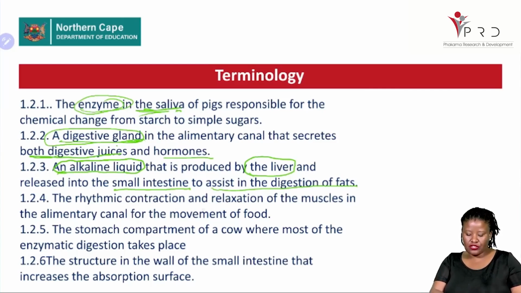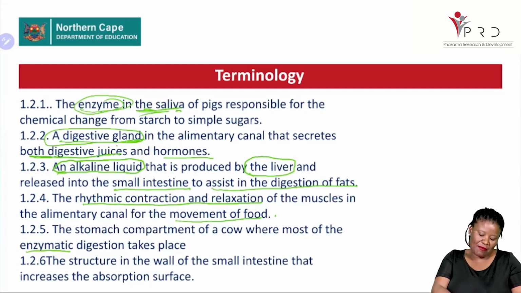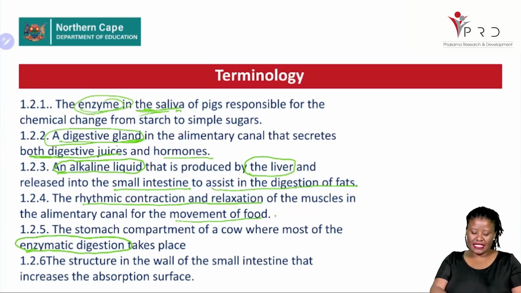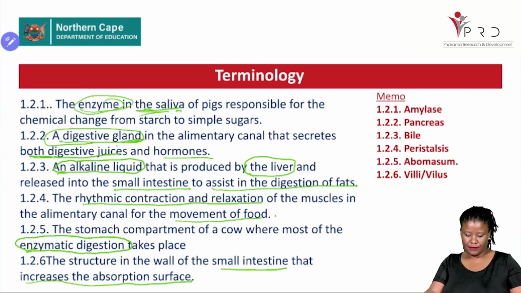The rhythmic contraction and relaxation of the muscles in the alimentary canal for the movement of food. The stomach compartment of a cow where most of the enzymatic digestion takes place, as it does not occur in the mouth. The structure in the wall of the small intestine that increases the absorption surface.